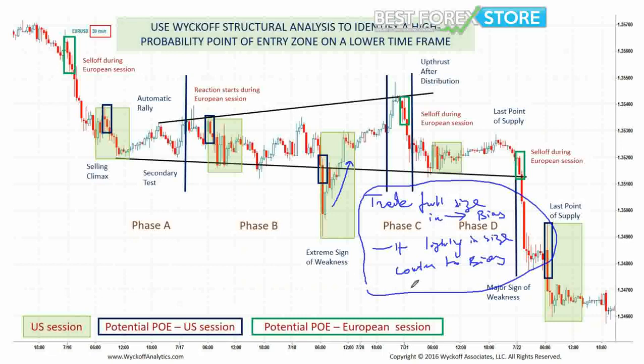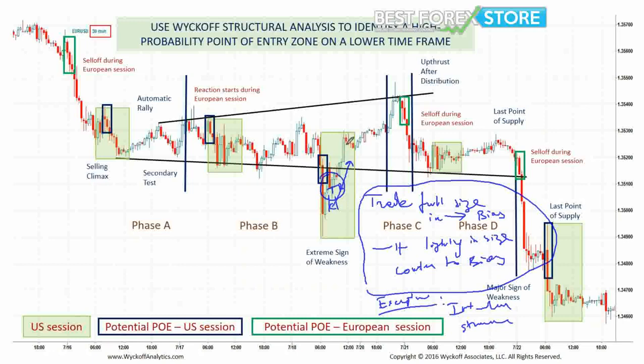Now, there is an exception to this. The exception is going to be if your bias changes because of the intraday structure. So what do I mean by that? Let's say that somewhere here there is a trading range, and then you see that there was maybe a phase C right here, a potential phase C, and that the price might have a sign of strength.